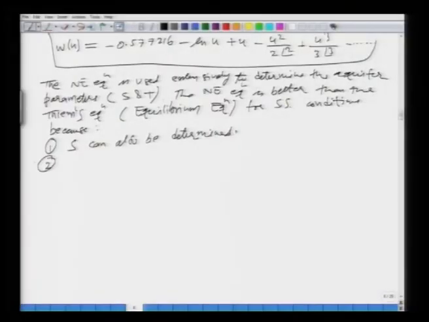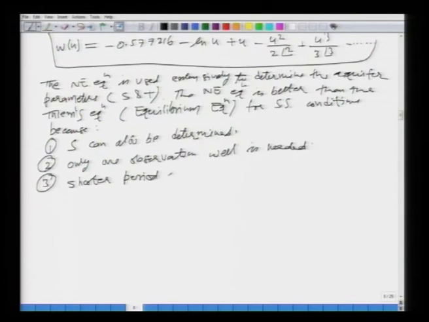The next one is that only one observation well is needed. In the case of this non-equilibrium equation, we need to use only one observation well. We will see that a little later in the course. Number 3, a shorter period of pumping is needed.